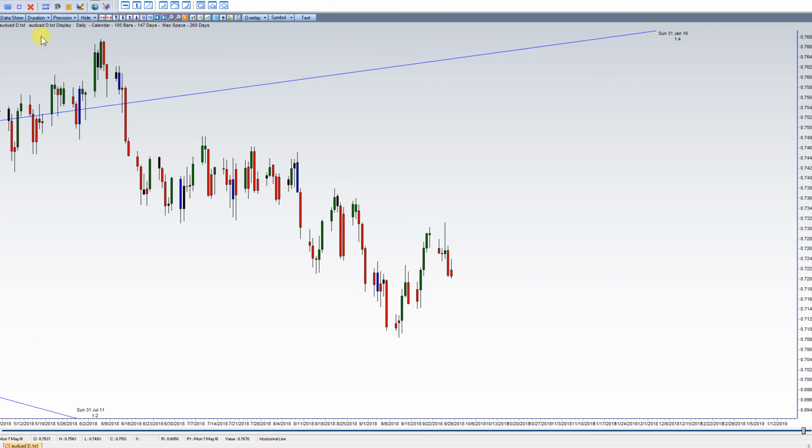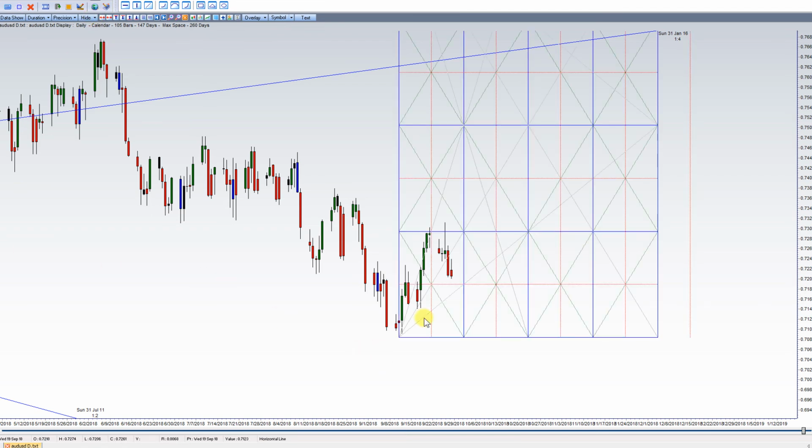Right here, let's change that. With our square range, you can see that we found resistance right up here. It was trying to pierce it, and this could be some support level right there, which is 71.89.